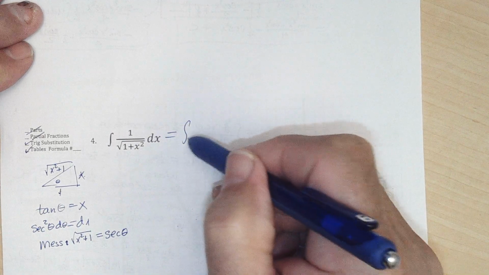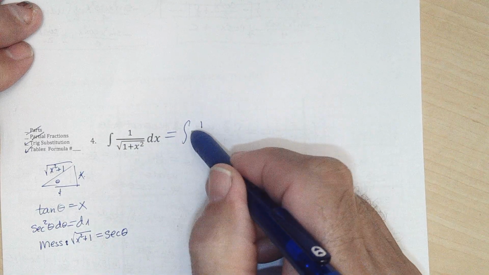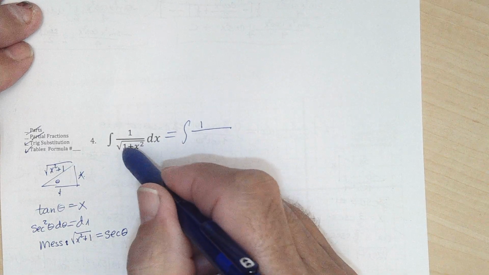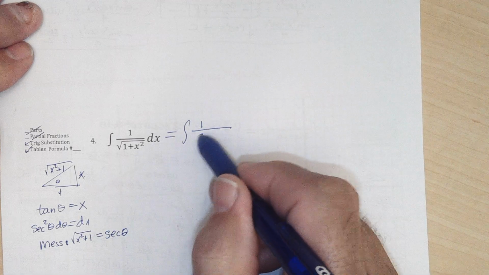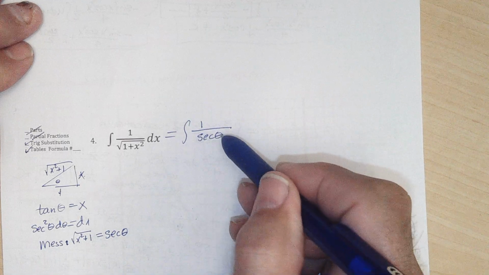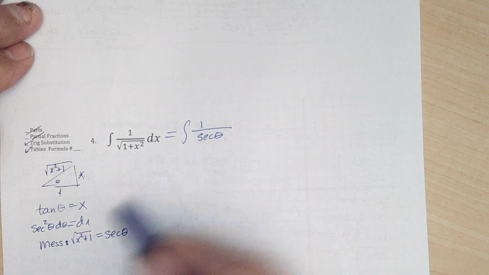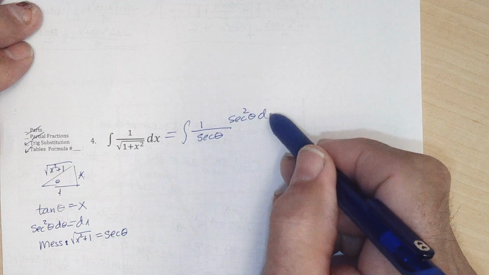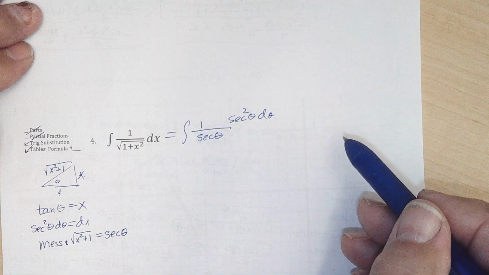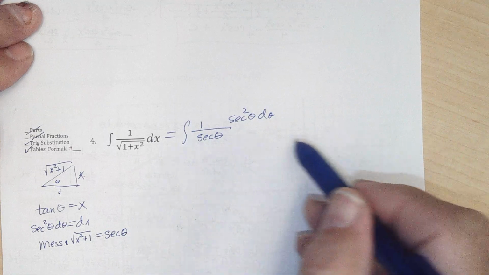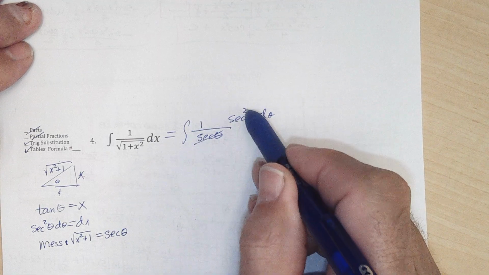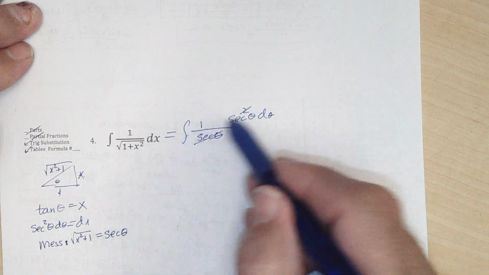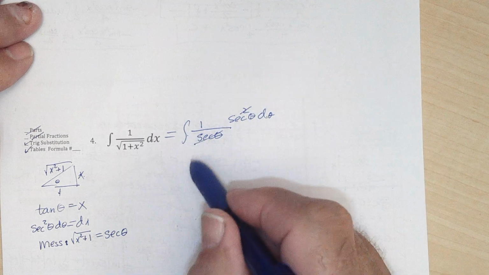So this changes to, 1's a constant, we can leave it, that is secant theta. And dx is secant squared theta d theta. And one of the secants cancel. And we have the integral of secant theta d theta.